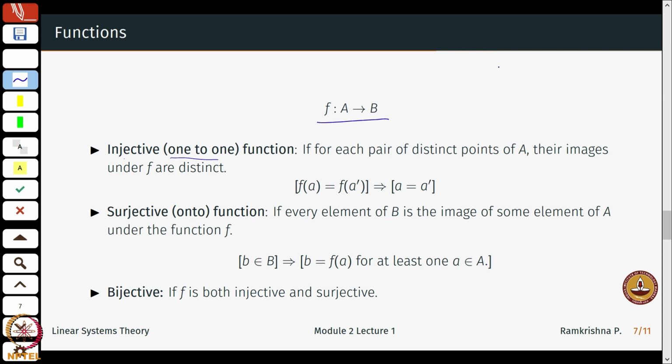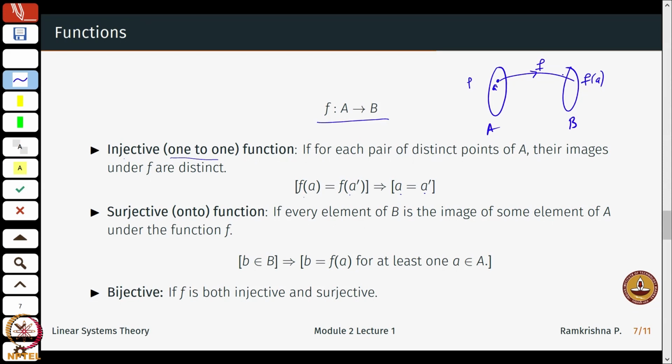Suppose I have a point a, and f of a. If f of a is equal to f of a prime, then a must be equal to a prime. So it will always be distinct points.